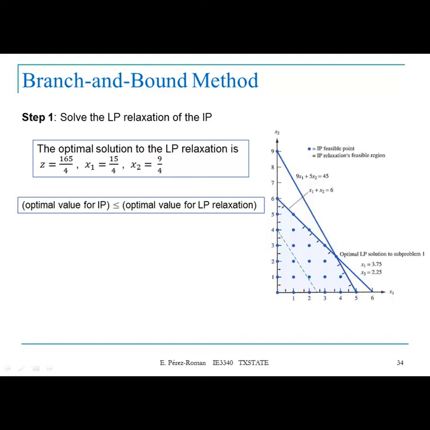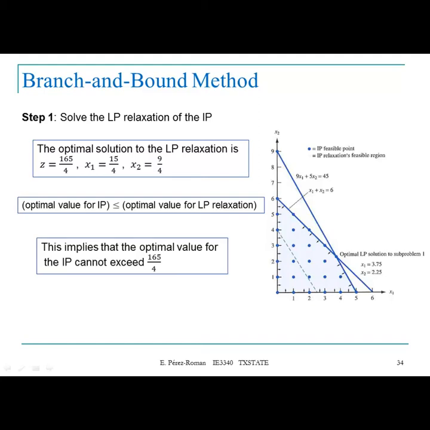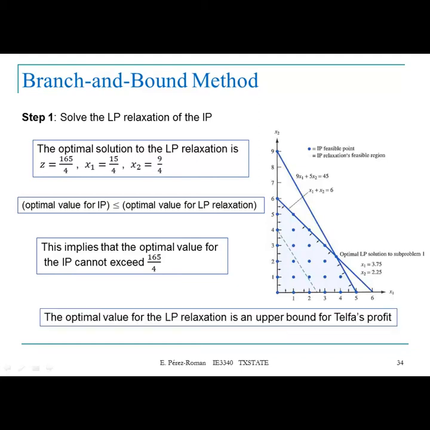If you find that the solution of the IP is greater, then there's something wrong. Okay? So here, this implies that the optimal value for the IP cannot exceed this number. So the optimal value for the LP relaxation is an upper bound for the problem.